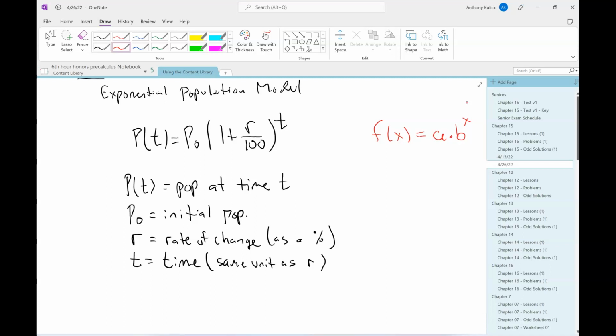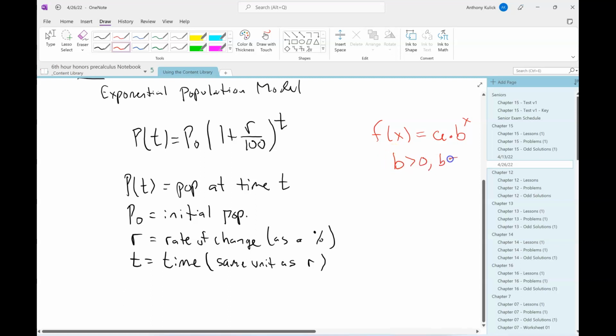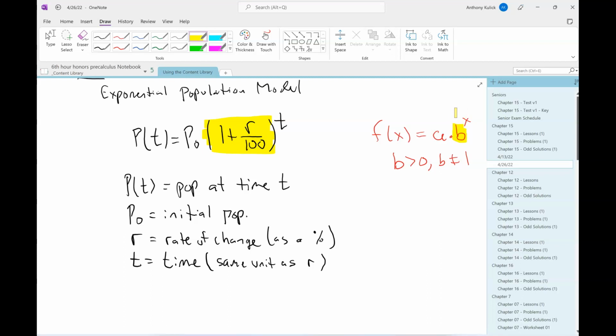Everybody agree with that? Again, where b is positive and not equal to 1. That means that this 1 plus r over 100 is essentially our b in our exponential. Everybody agree with that?